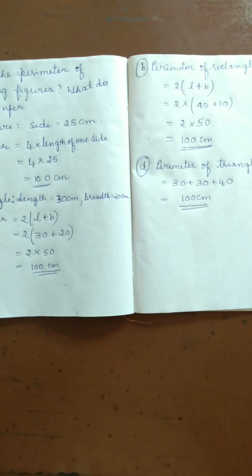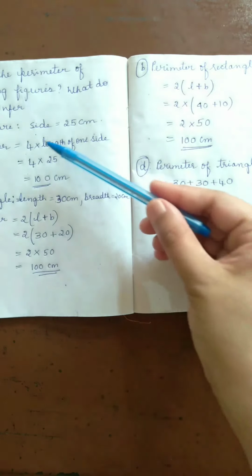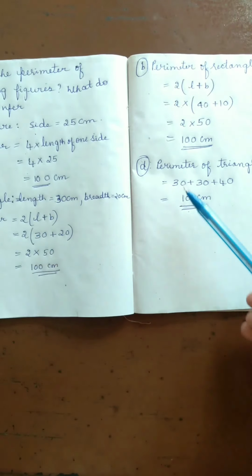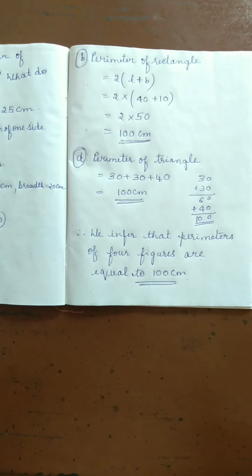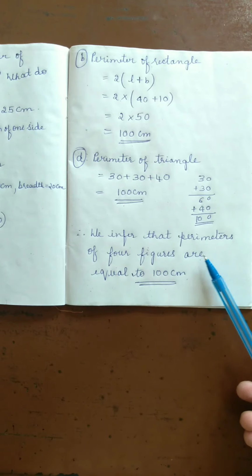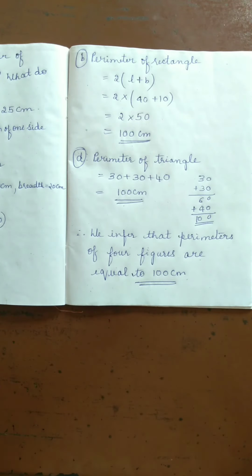So what we have observed, children? The observed fact is perimeter of square, rectangle and triangle, all the three perimeters are equal. Therefore, the perimeters of square, rectangle and triangle are equal with the measurement equal to 100 centimeter. Therefore, children, we infer that the perimeters of four figures are equal to 100 centimeter.